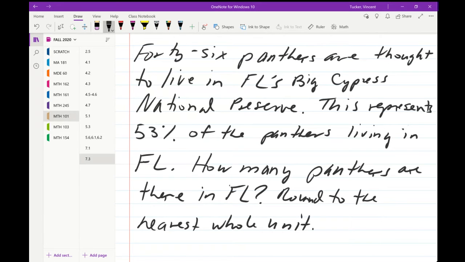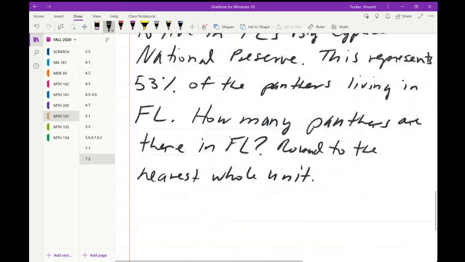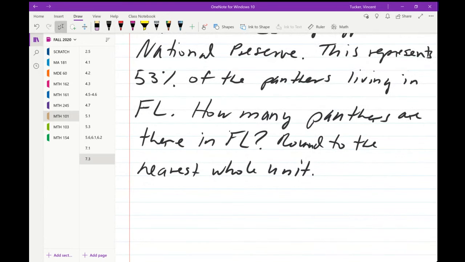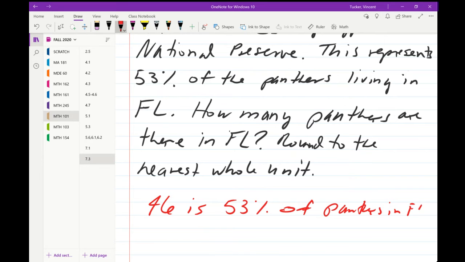All right. So these 46 panthers are 53% of all of the panthers that live in Florida. So you could make the statement: 46 is 53% of panthers in Florida.